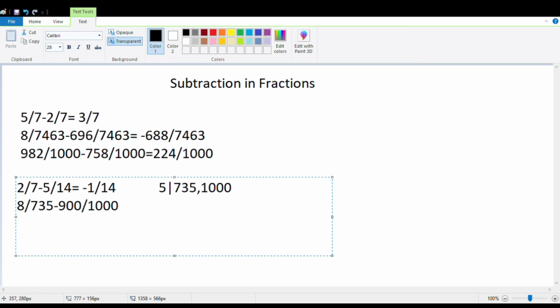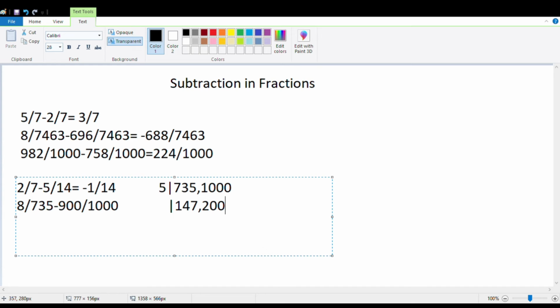Okay, so what will 735 divided by 5 become? 735 divided by 5 will equal 147, and 1000 divided by 5 will equal 200.